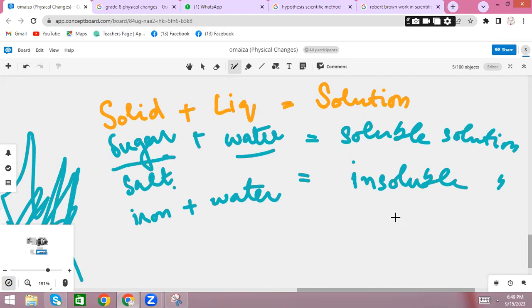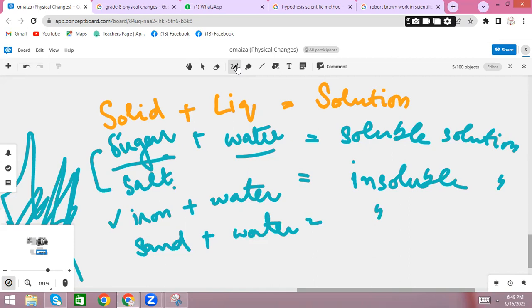Okay, that's good. So this is the example of a soluble solution, and this is the insoluble solution example. Is sand in water an example of soluble or insoluble? Insoluble. Yeah, insoluble. A solution is soluble when the solid that we are going to dissolve has less intermolecular forces of attraction than that of the liquid.